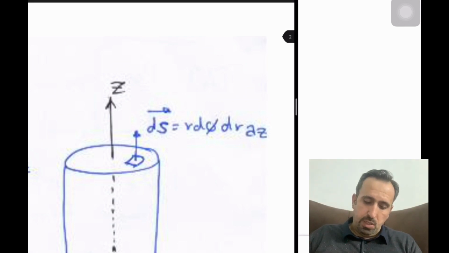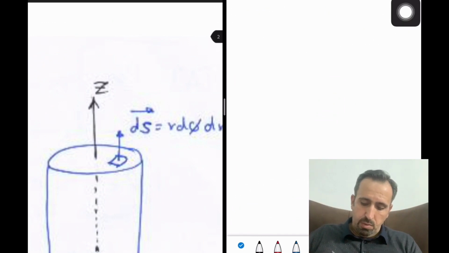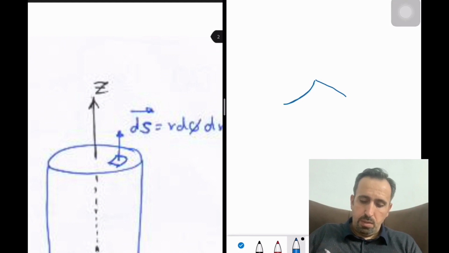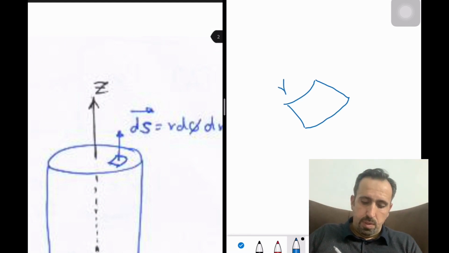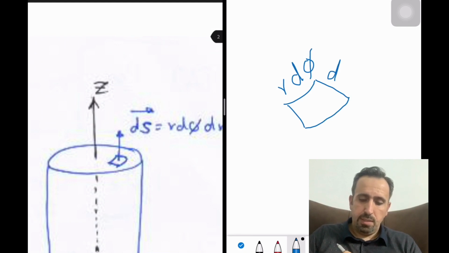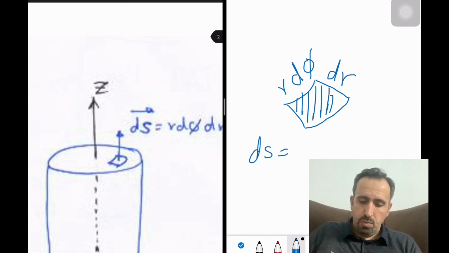If I remind you, from the previous cylindrical coordinate system, for the top or bottom of a right cylinder, you will have this arc, which is r d phi, and this as dr. For that reason, if you want this area, ds will be equal to r dr d phi.